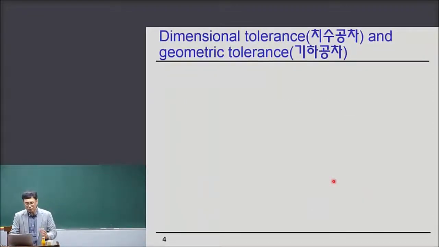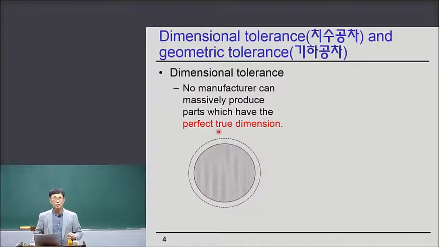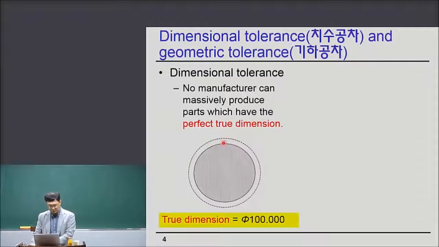Okay, dimensional tolerance and geometric tolerance. No manufacturer can massively produce parts which have the perfect true dimension, right? In this case, the true dimension is 100 millimeter.